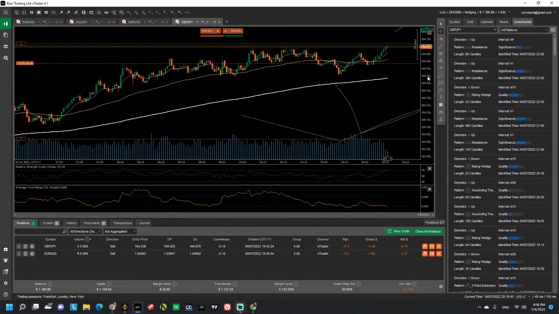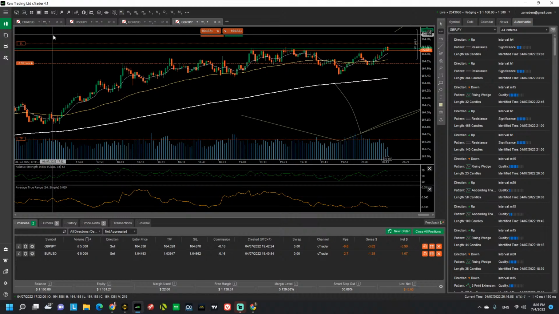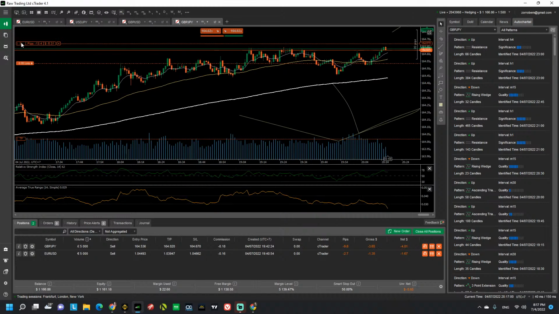It has bigger moves. Yeah, I think this will break. I think this will take out the stop loss. So let it be. How much is that? That's about $5. $5.31.